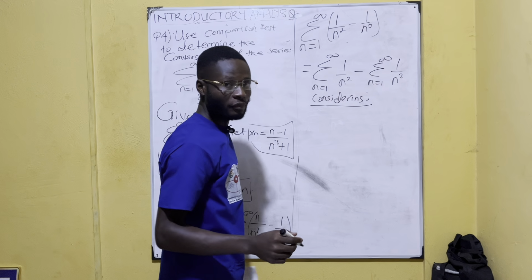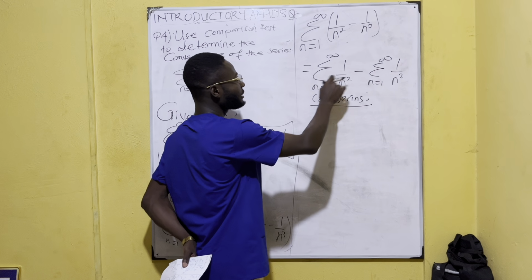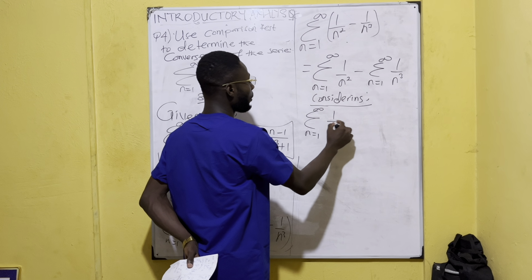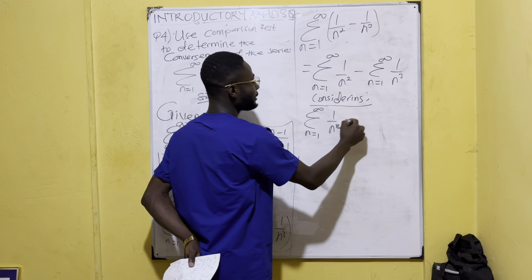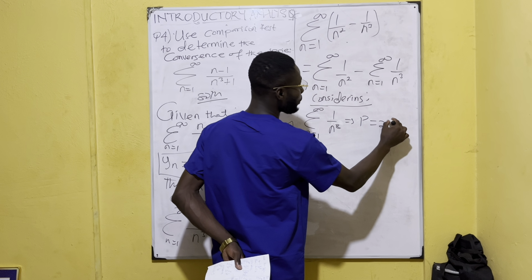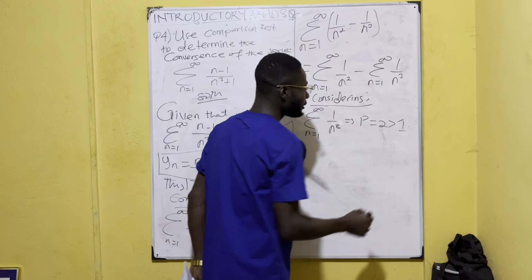So, considering this summation from n equals 1 to infinity 1 over n squared, this implies that p is equal to 2, which is greater than 1, right?